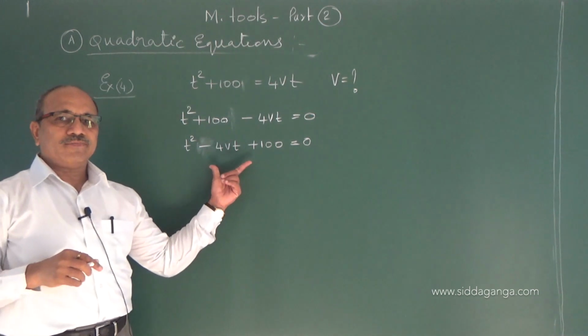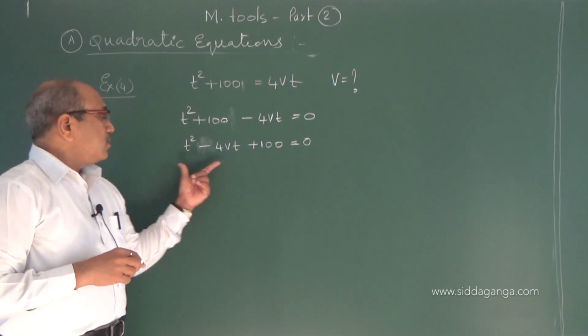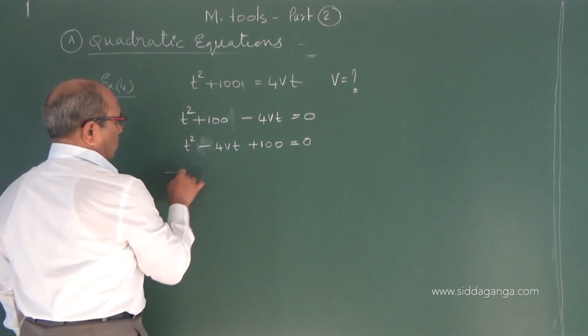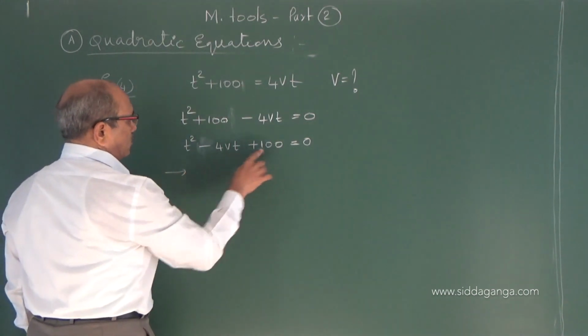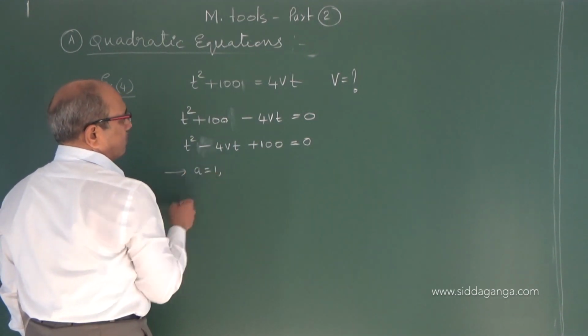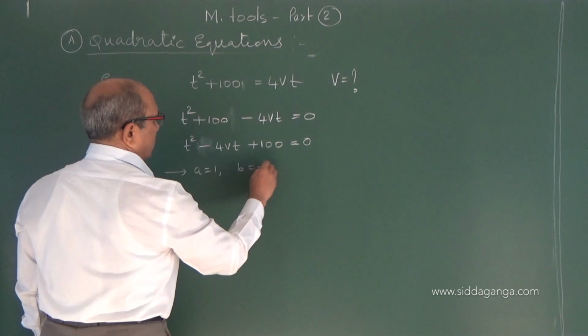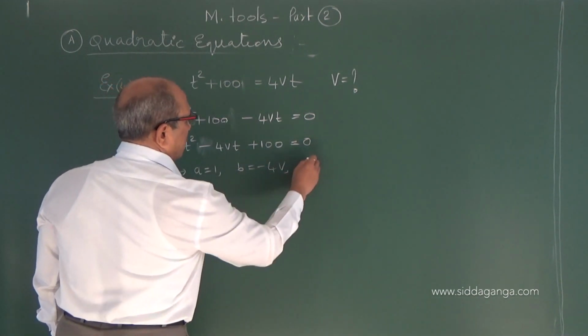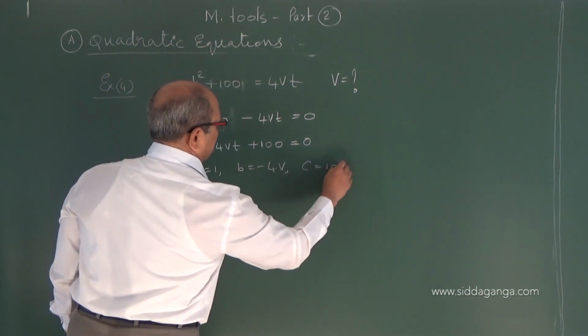This is the equation. Now, according to the quadratic equation solution, the value of a is 1, b is minus 4v, and c is 100.